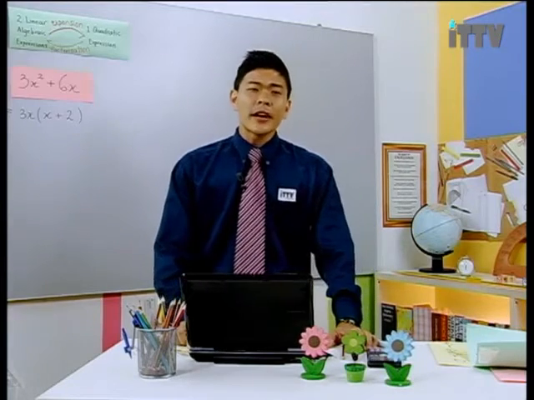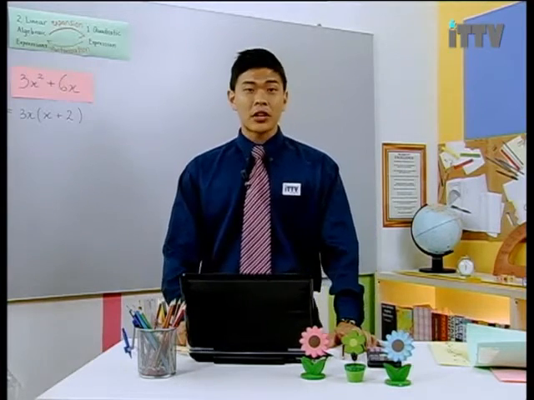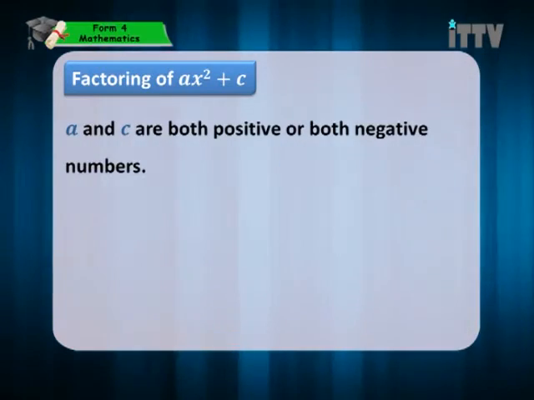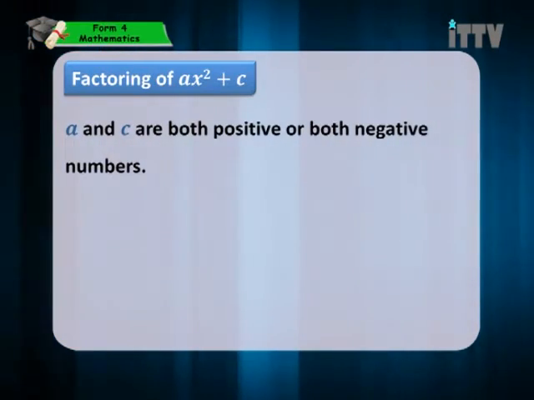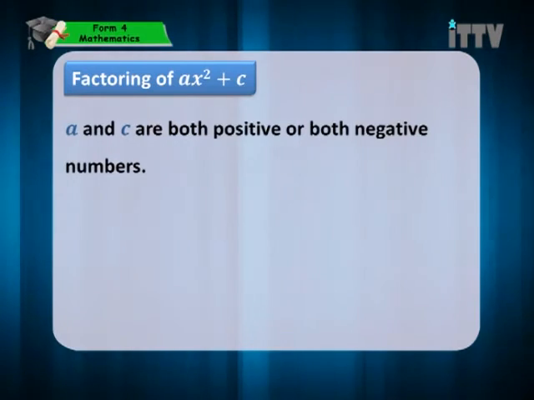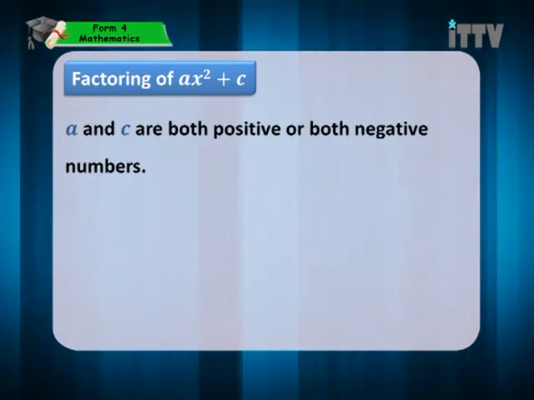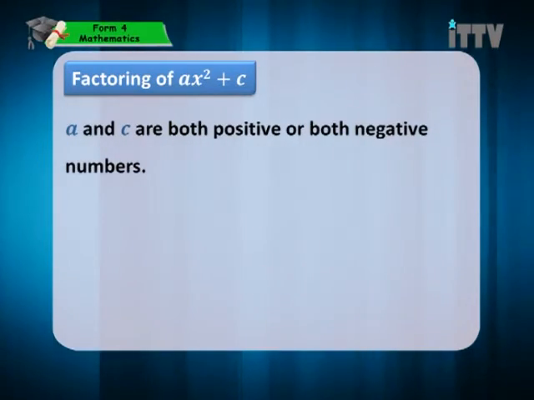Alright, now we will look at the second category of quadratic expression and how to factorize it. Factoring of ax squared plus c. Now a and c are both positive or both negative numbers.